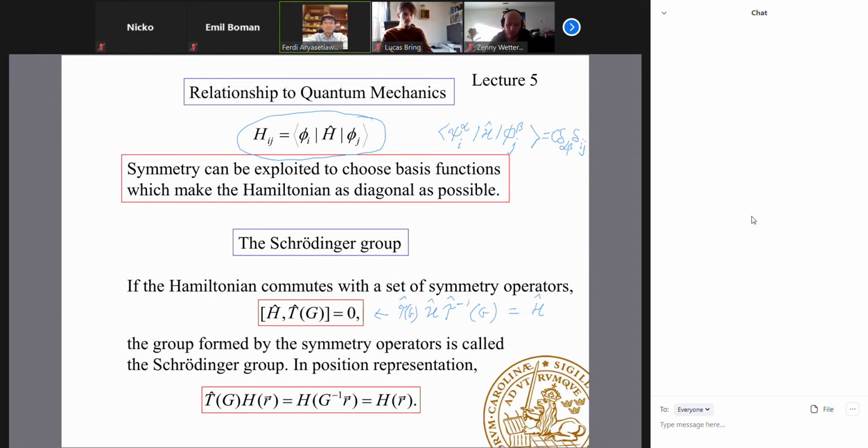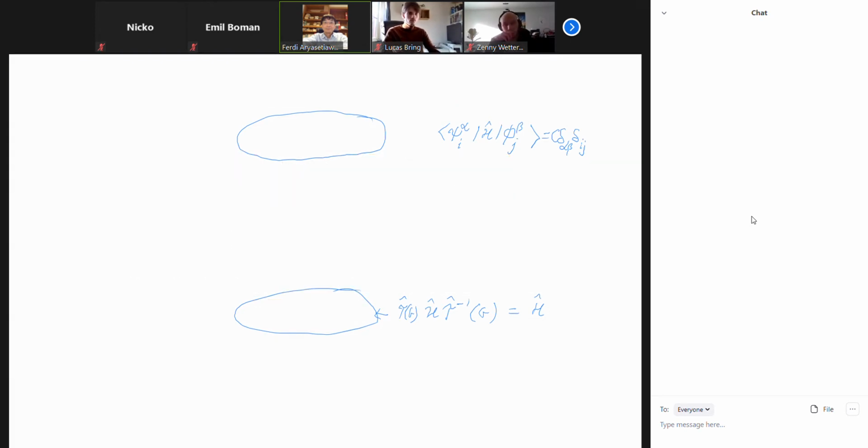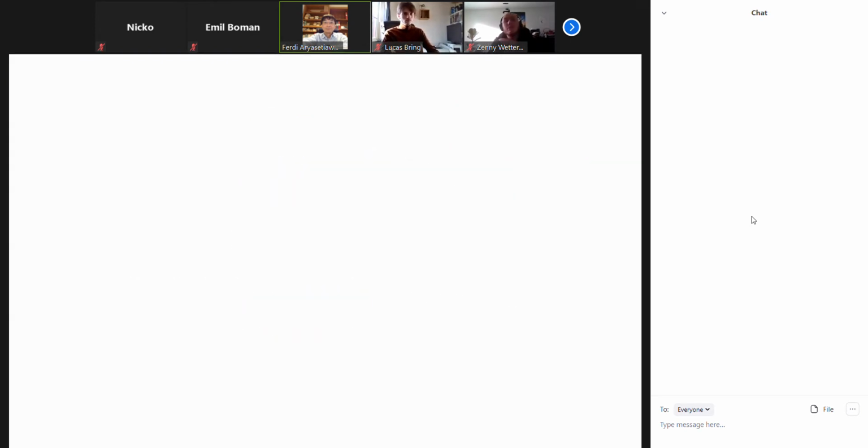So let's have a look at this equation more explicitly in the position representation. So let me share a whiteboard.